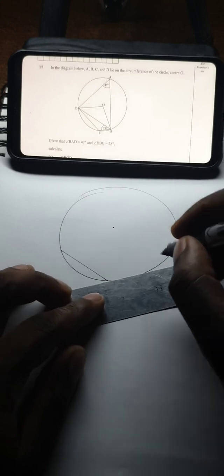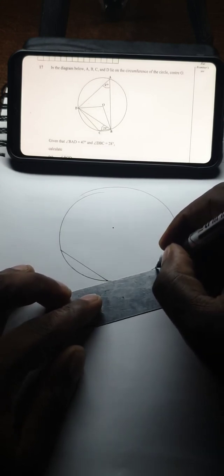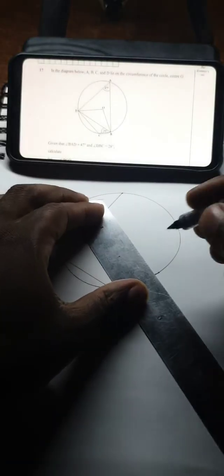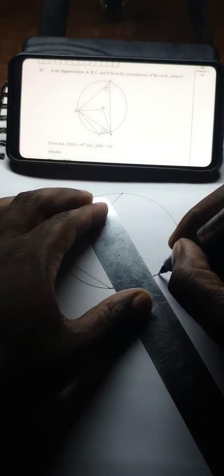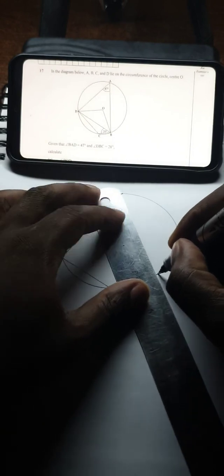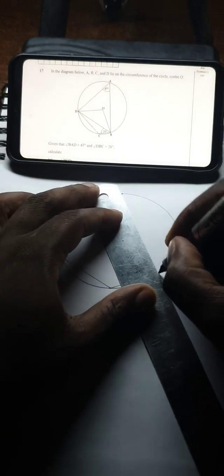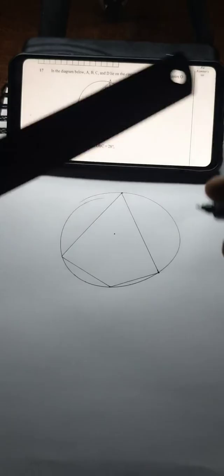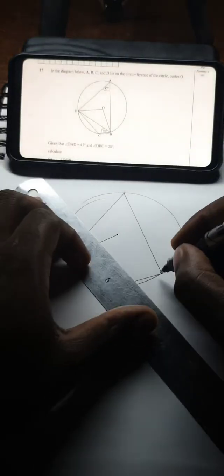Preach in capital letters. So the answer is for you too.